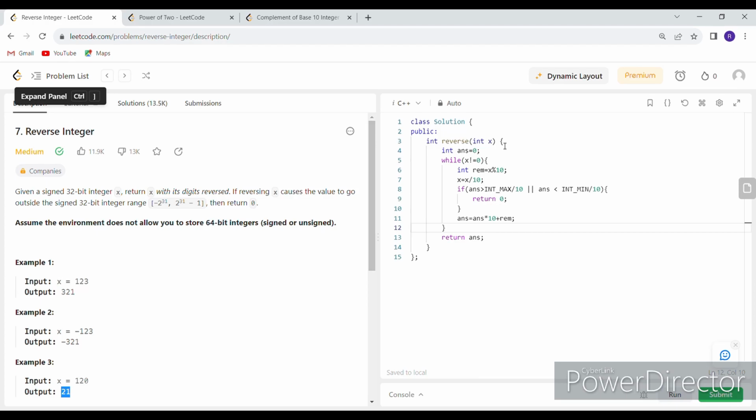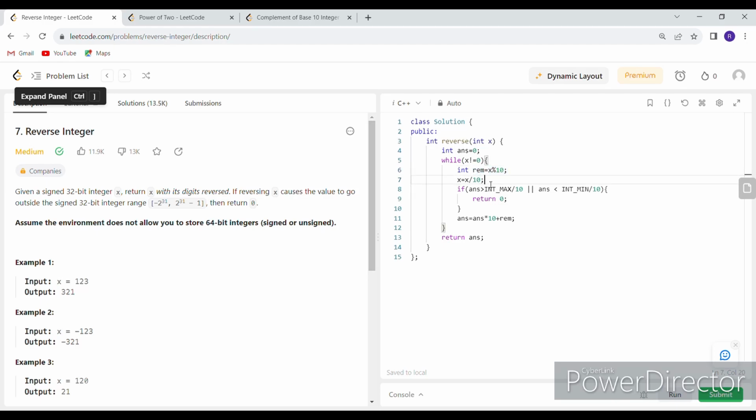Okay, so let's see. First of all, I am initializing the answer which I want to return as 0. Then I'm running the loop until the given number is not equal to 0. Then, as I said, I am finding the remainder, that is the last digit of the given number, which we can find by modulo dividing that number by 10. We will get the last digit.